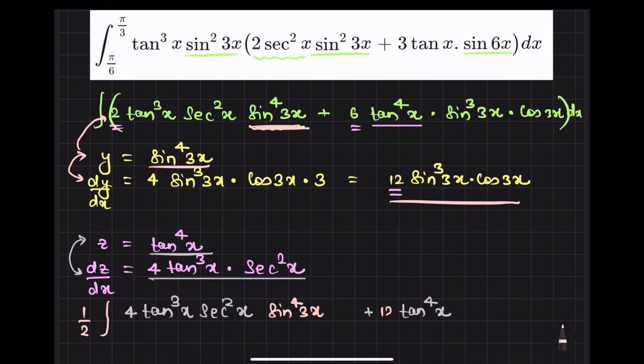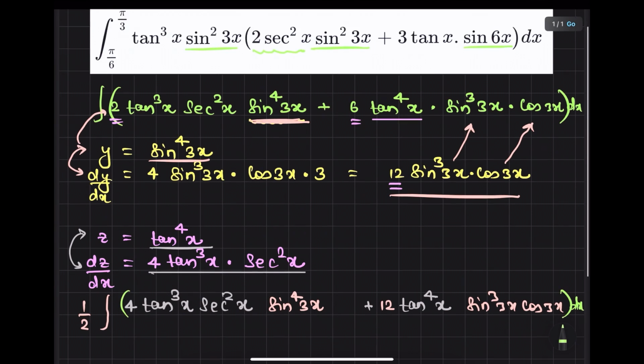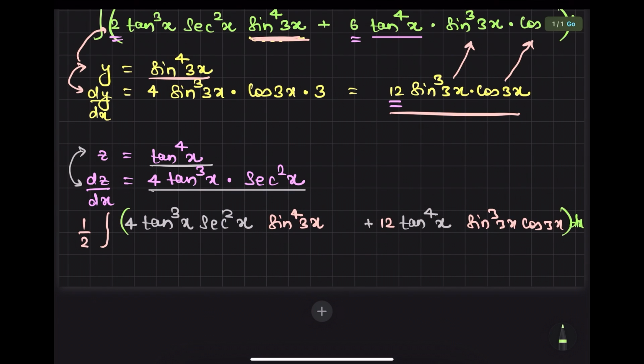So it is 12, and then we have sine cube 3x cos 3x. Is that okay? dx. Right?